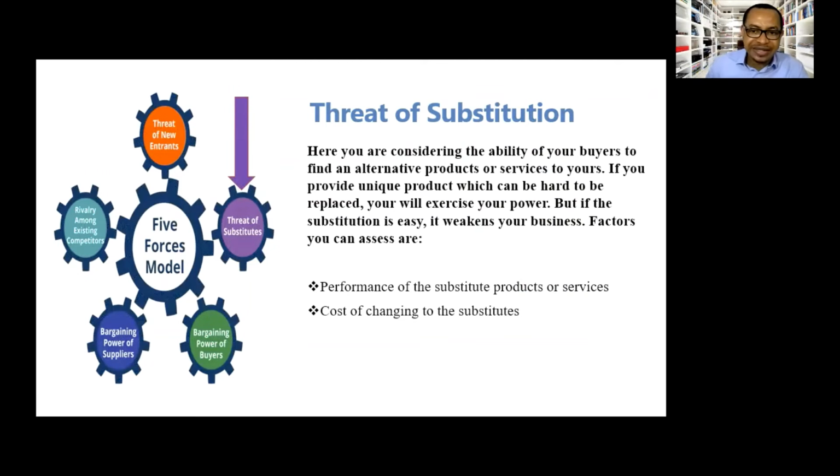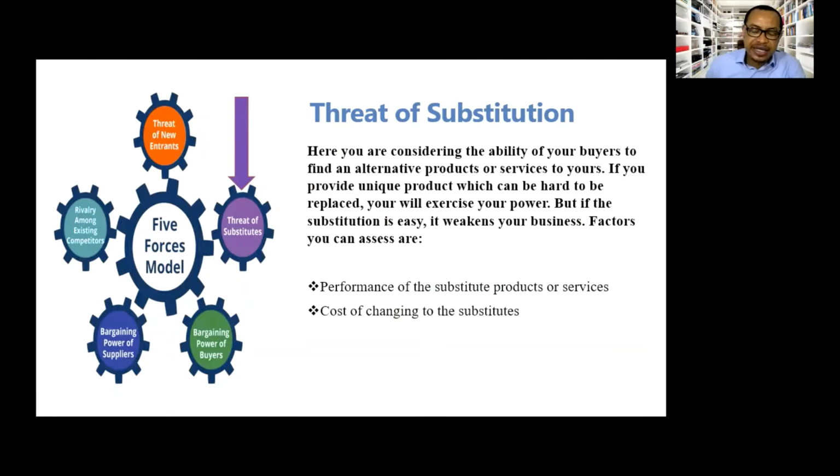And here you are assessing the ability of buyers to find alternative products or services to yours. If your product is unique and hard to replace, then you will exercise some power here. But if the substitution is easy, then it will weaken your position.